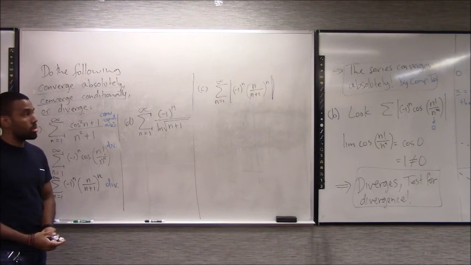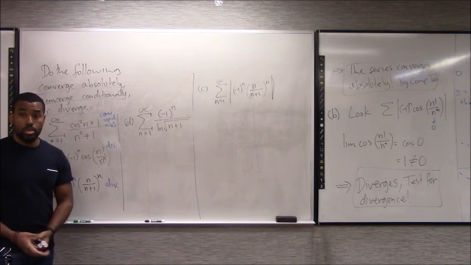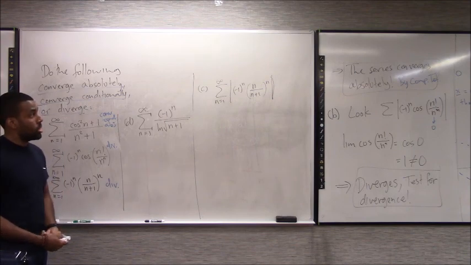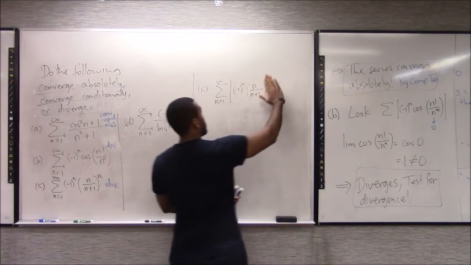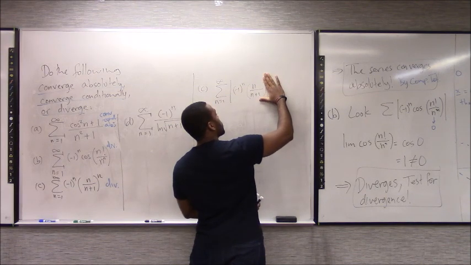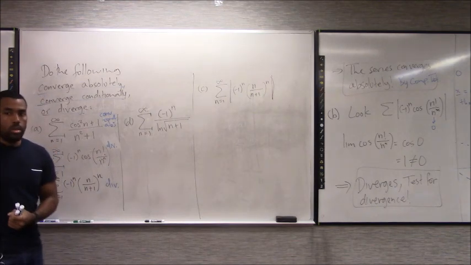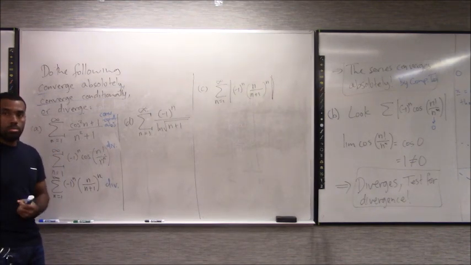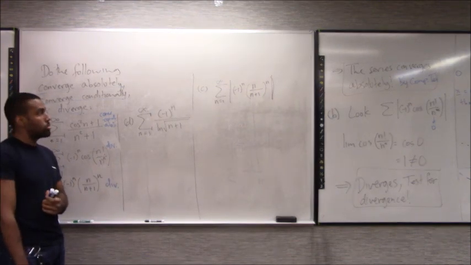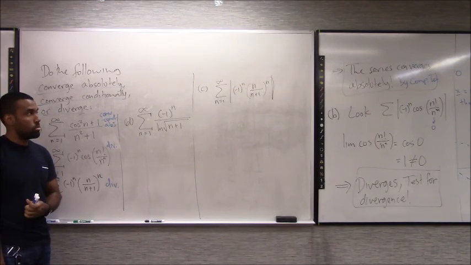Can you use the root test? The root test would be inconclusive, right? Because you take the nth root of this, you get rid of the nth power. What is the limit of n over n plus 1? That's 1. Root test is inconclusive. Other ideas?